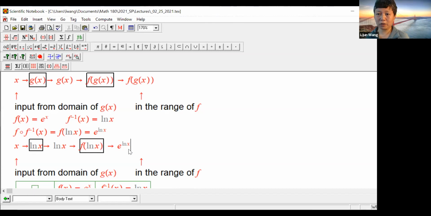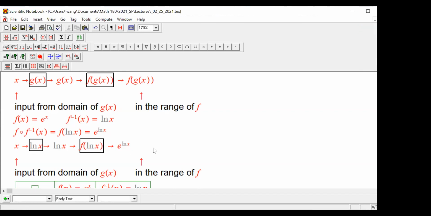You need this in calculus. It may not come this route, but you're going to use it very often. What does F of ln x equal to? Is it equal to x? That's right.